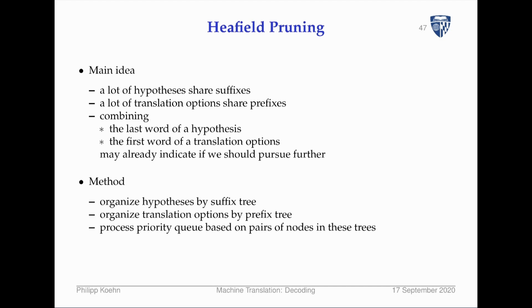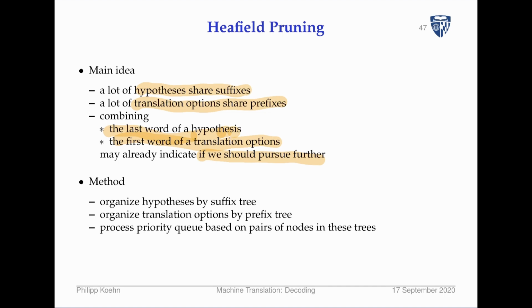So back to this idea here. The main idea is that a lot of the hypotheses share suffixes, and a lot of the translation options also share prefixes. So the kind of scoring you have to do at the boundary is often very similar. Combining the last word of a hypothesis with the first word of a translation option might already indicate if we should pursue this any further.